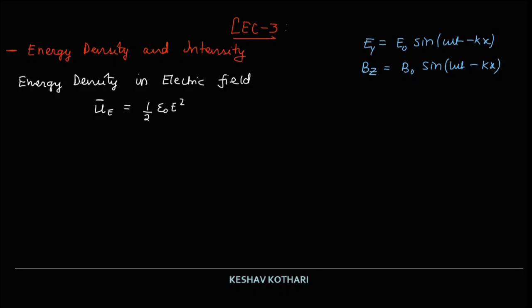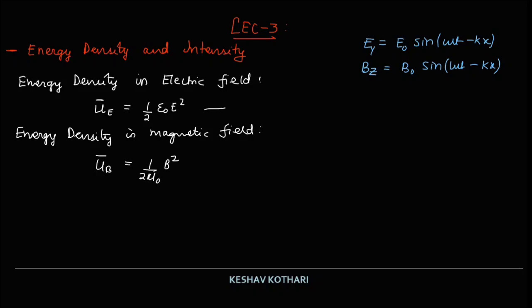And similarly, the energy density in a magnetic field, that is energy per unit volume, is written as 1 by 2 mu naught of B square. So these are the two expressions which we have already come across while studying energy stored in a capacitor and energy stored in an inductor respectively.